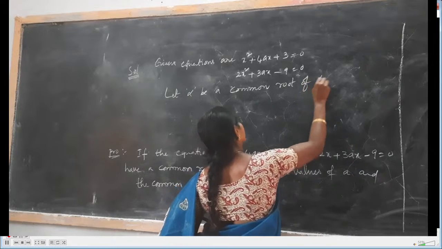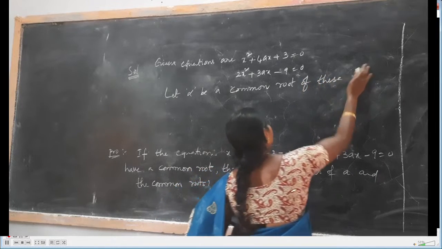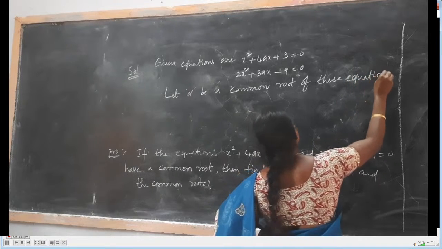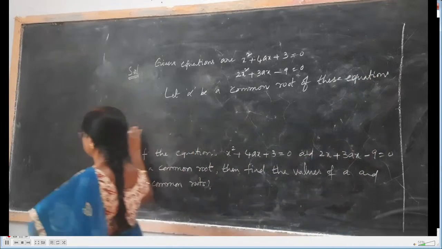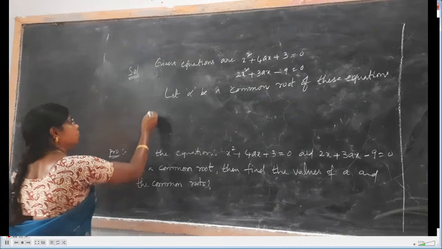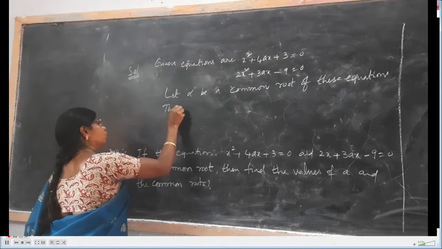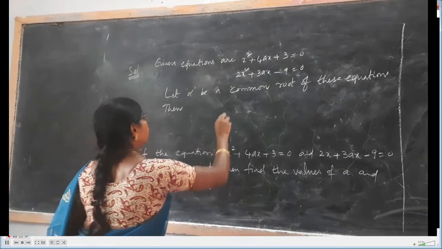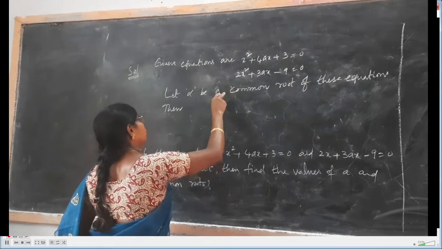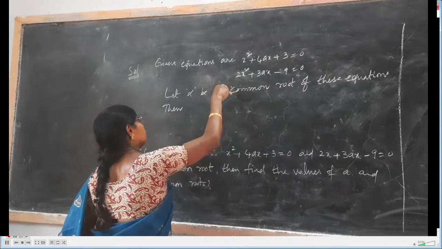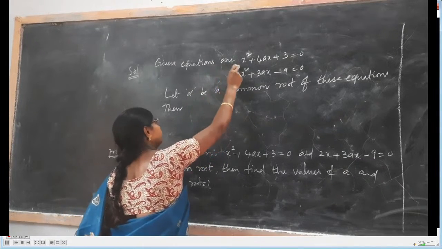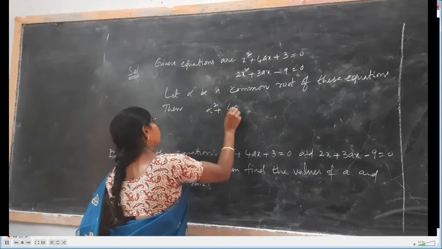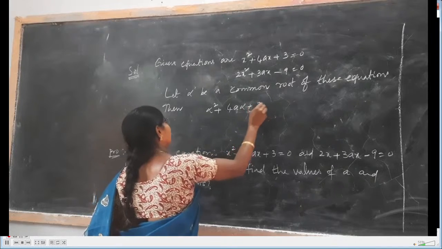Let alpha be a common root of these equations. Then, when it is the common root, it will satisfy both the equations. Alpha is a root of this equation, therefore alpha square plus 4a alpha plus 3 equal to 0.